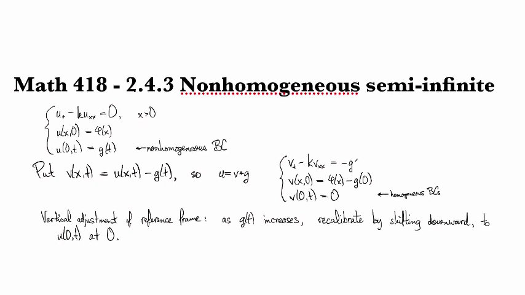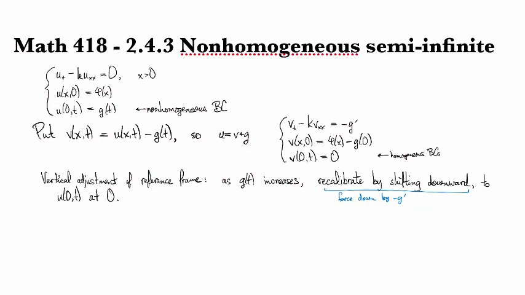And so this recalibrate by shifting downward part right here is technically you're forcing it down by the derivative. Okay, so now we've got a problem for v, and now v can be found using Duhamel's principle.